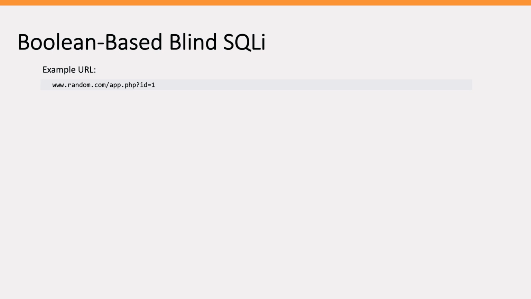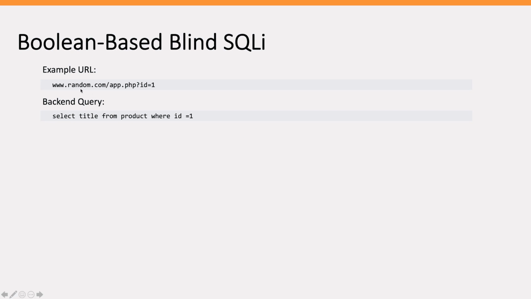So in this case, what you can try to test if the field is vulnerable to SQL injection is first inject it with a false payload. So force a payload that you know is false, and see how the application responds, and then force a payload that you know is true, and see how the application responds. And if the application responds differently in the false payload versus the true payload, then this is vulnerable to Boolean-based blind SQL injection. So let's take the backend query.